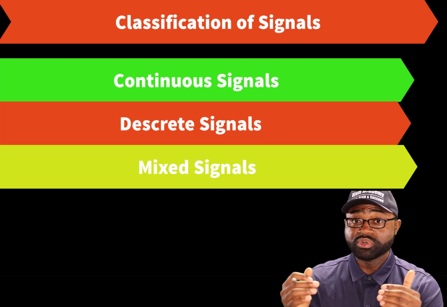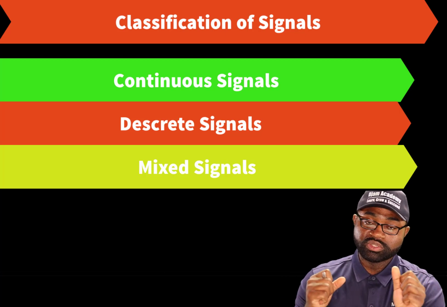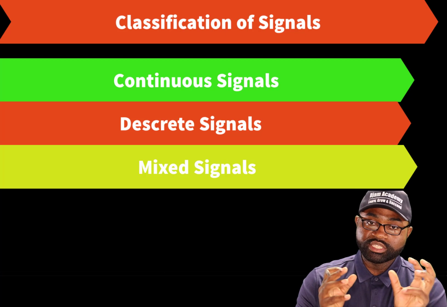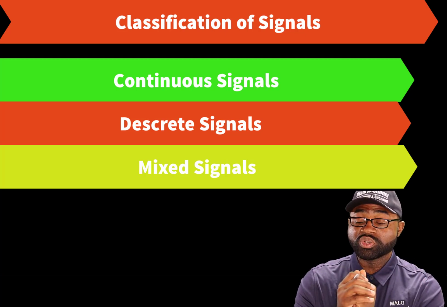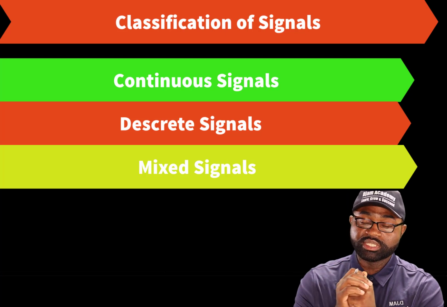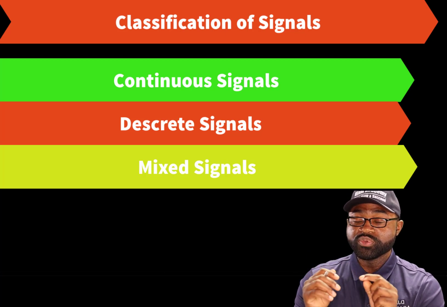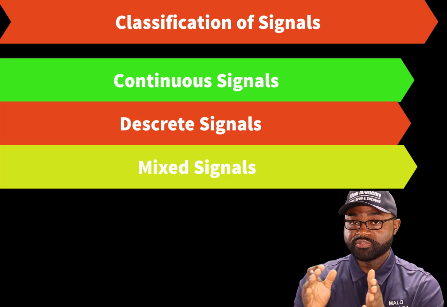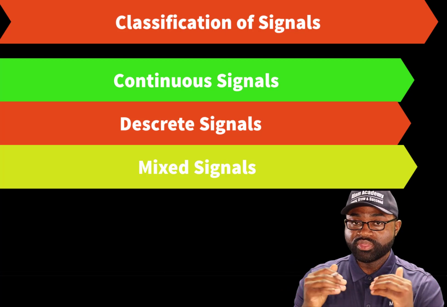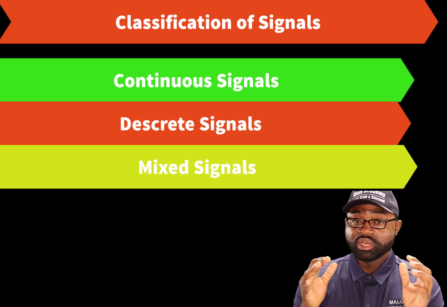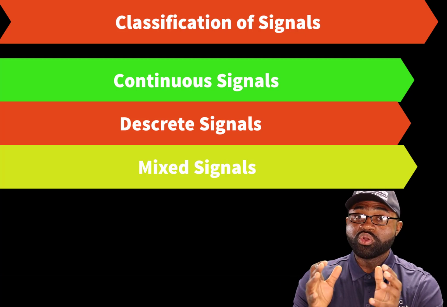Other books can classify signals as even or odd signals, energy or power signals, deterministic or non-deterministic signals, and so on. But with respect to medical imaging physics, we will classify signals in three broad categories: continuous, discrete, or mixed signals.